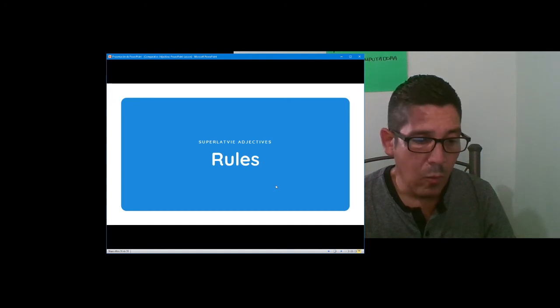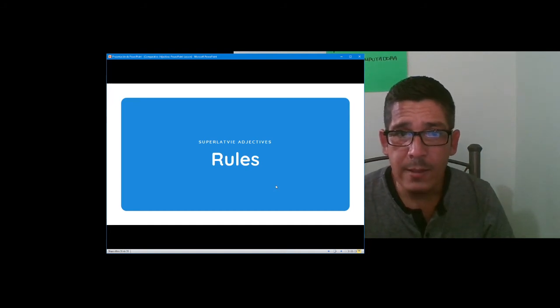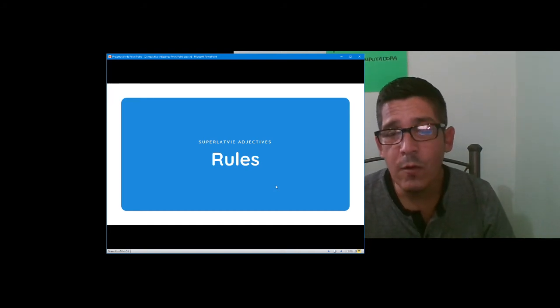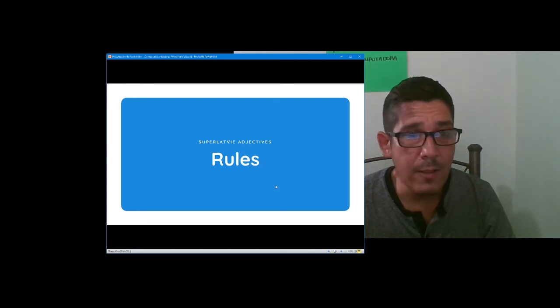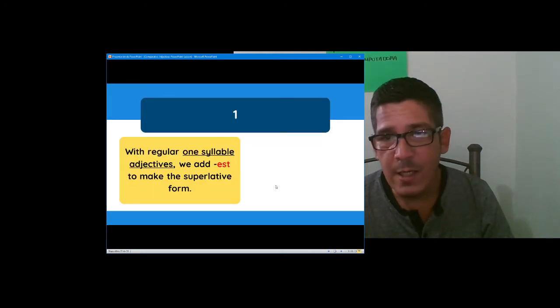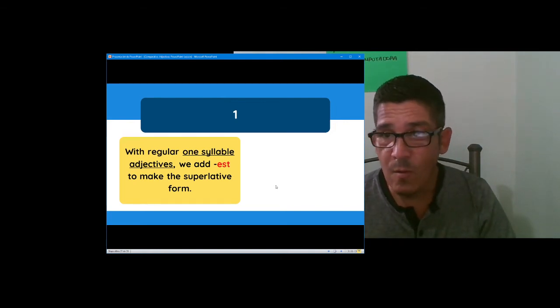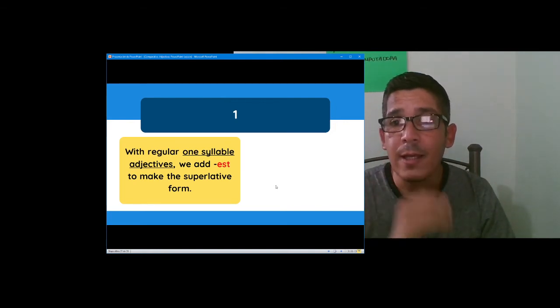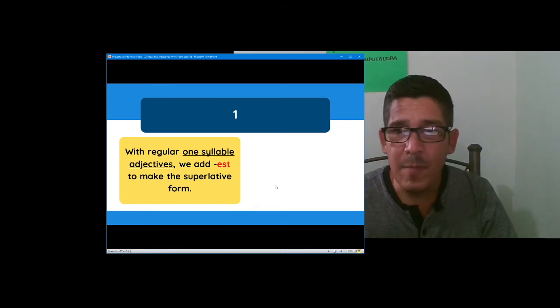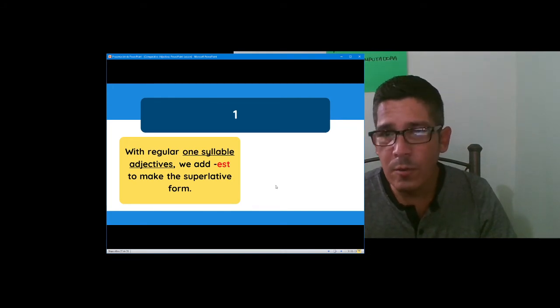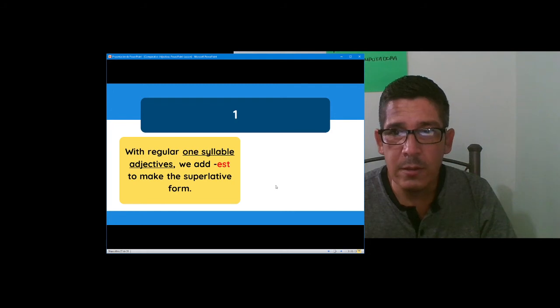As well as we have rules for the comparative forms, we have rules for the superlative adjectives. They are very, very similar. The only difference that we are going to have over here is the ending, okay? The last part of the word is going to be the difference over here. The rules are very, very similar.